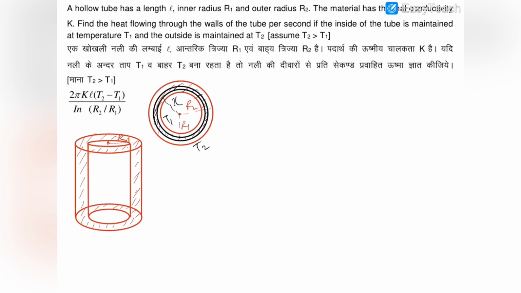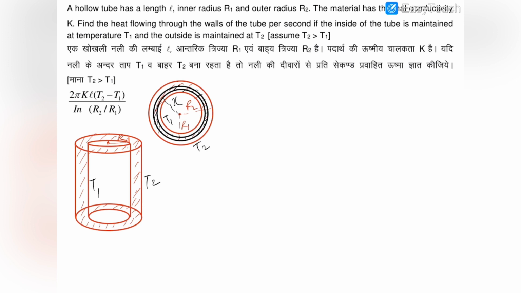This tube has a thermal conductivity K, and its ends are maintained at the temperatures of T2 and T1, in such a way that the outer curved surface of this tube is maintained at temperature T2, and the inner curved surface is maintained at temperature T1, and T2 is greater than T1, and heat is flowing from outside to inside because obviously T2 is greater than T1.